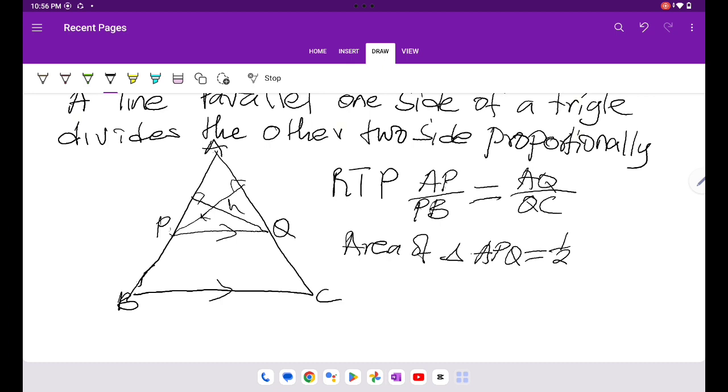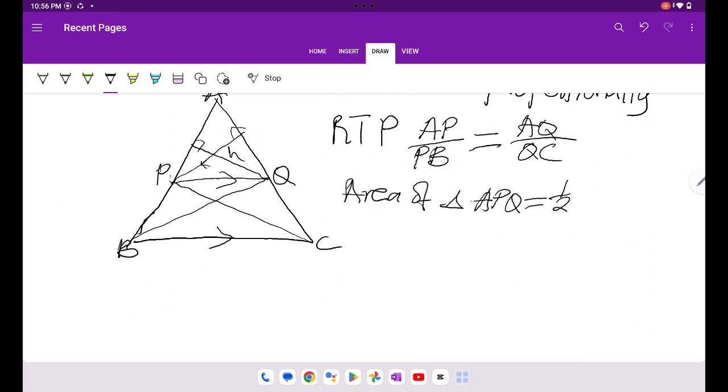And then we are just going to join BQ and PC. Right, that is our construction. We should not forget the construction there, so I think it's proper to write it.